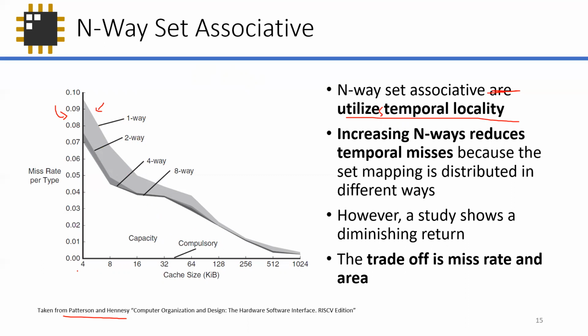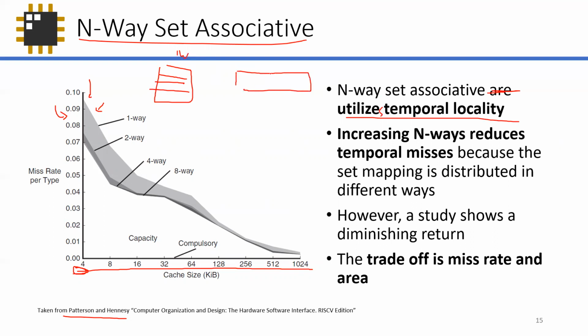And then of course, it also depends on the size of your cache. If the size of your cache is really small, you have a very, very high miss rate. But then n-way set associative becomes very useful, okay? Because as opposed to having, let's say, 4 blocks and being limited to a one-way set associative, you have 4 blocks with a two-way set associative, right?